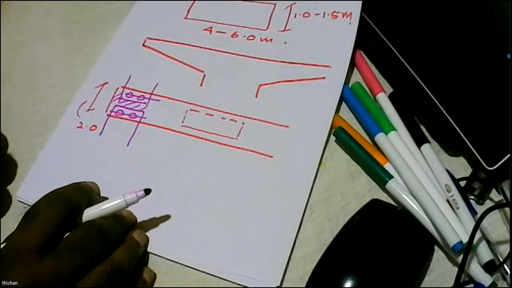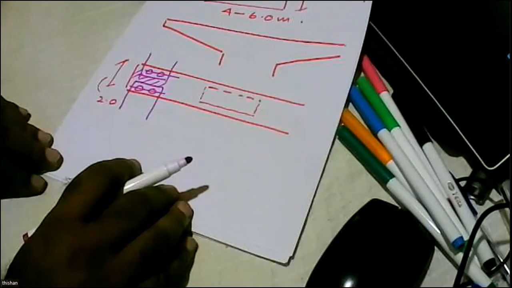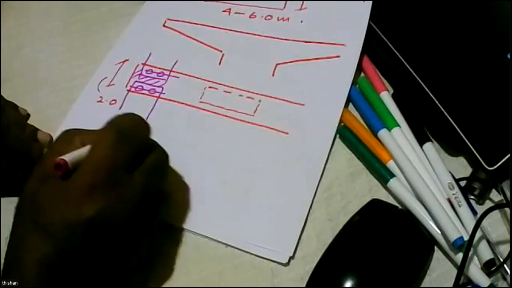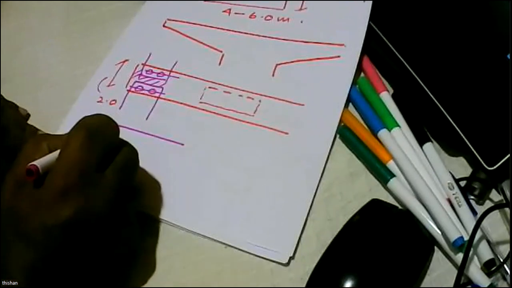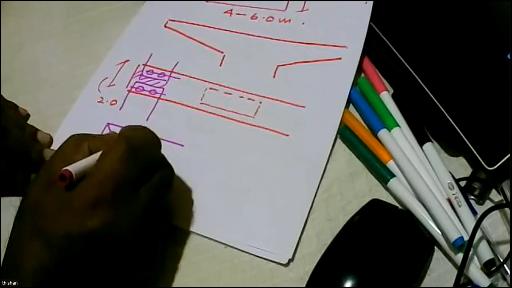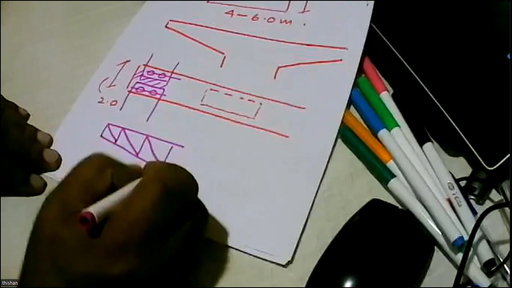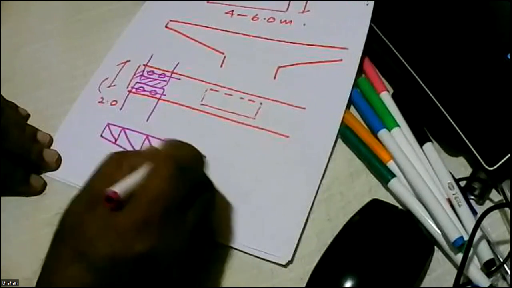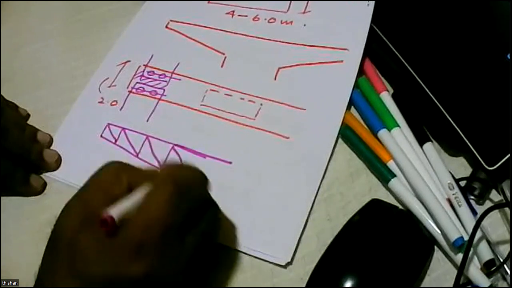So if we like to have a computer model, what are the options available for you? So let's see what are the options available. So one of the possibilities is to create a truss like that.